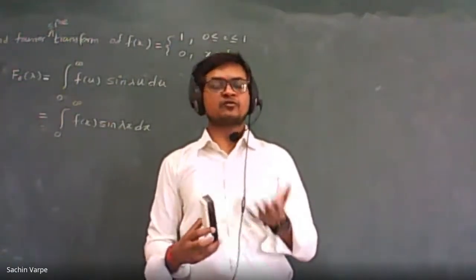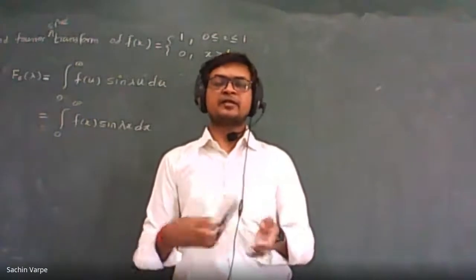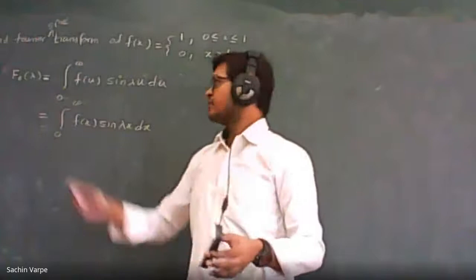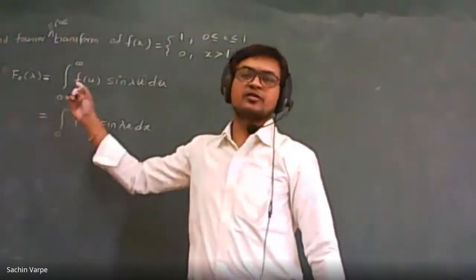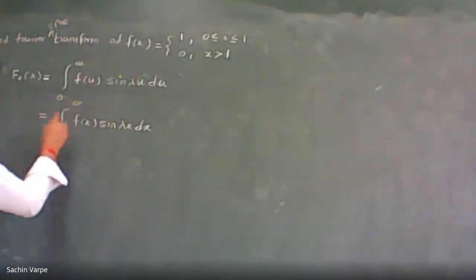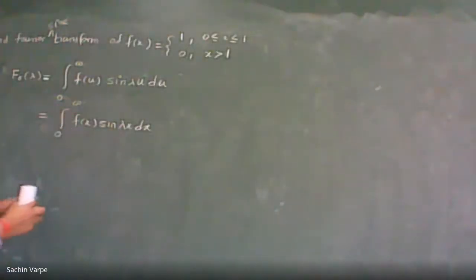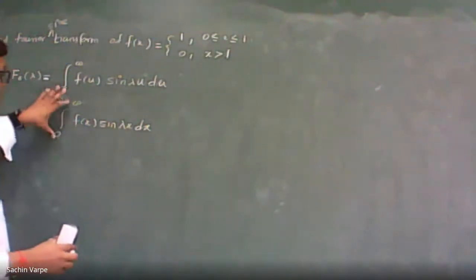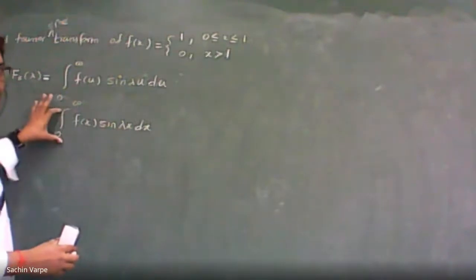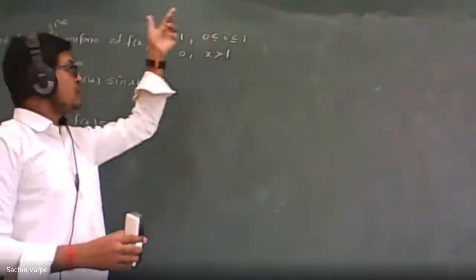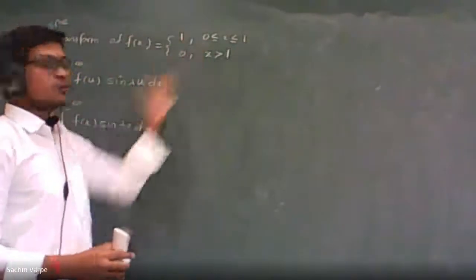While writing the Fourier sine transform or Fourier cosine transform and their integrals, the limits are from 0 to infinity. So we have to consider only the positive part of that interval.